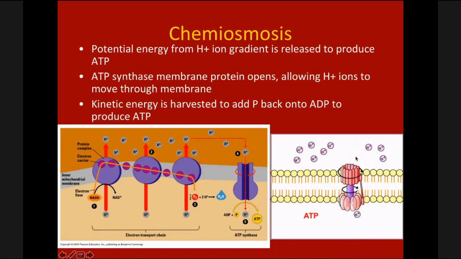And ATP synthase literally churns and spins in that phospholipid membrane like a turbine that you would have at the dam. And that kinetic energy is going to be used to attach a phosphate group back onto ADP. Use that energy to restore the high ATP energy state. Chemiosmosis or oxidative phosphorylation.